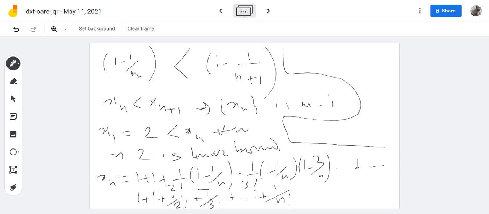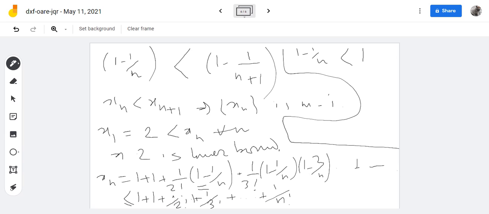So what should I write over here? Okay, look, 1 minus 1 by n and 1, which one is greater? 1 is greater. So in place of 1 minus 1 by n, I have written 1 over here. That's why this is always greater than or equal to.